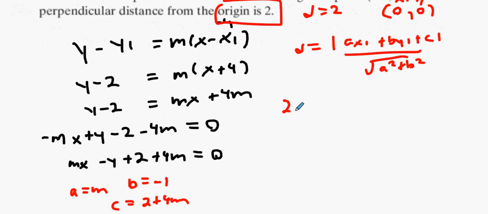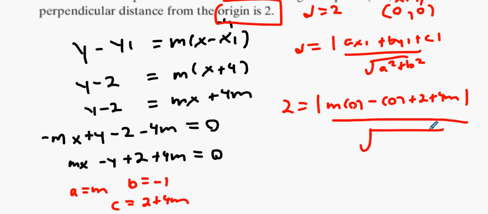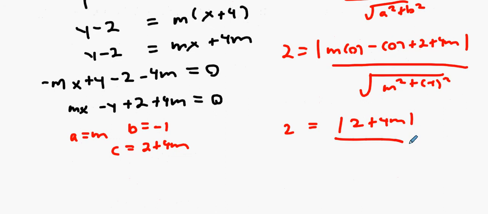2 equals A X1, which is m times 0, minus 0 plus 2 plus 4m, all over the square root of m squared plus minus 1 squared. 2 equals 2 plus 4m all over the square root of m squared plus 1.